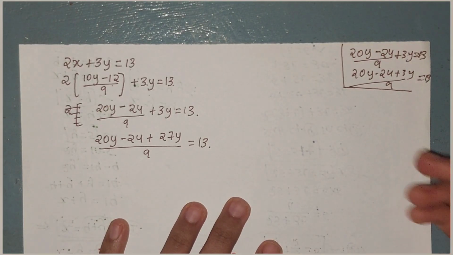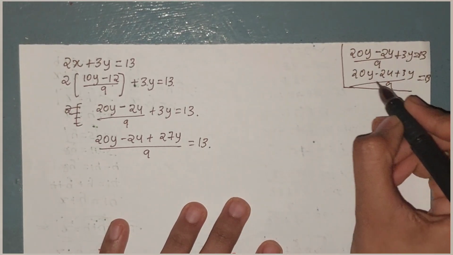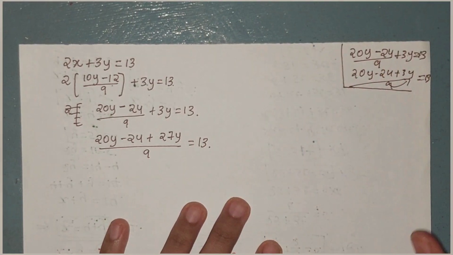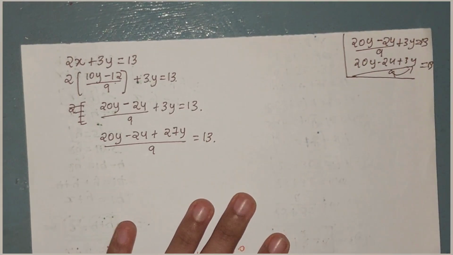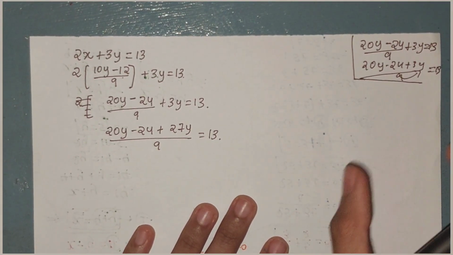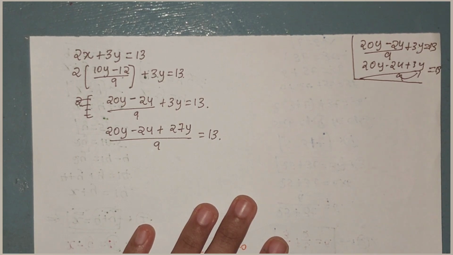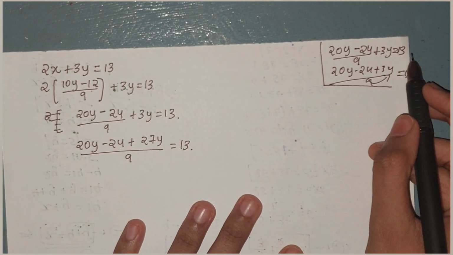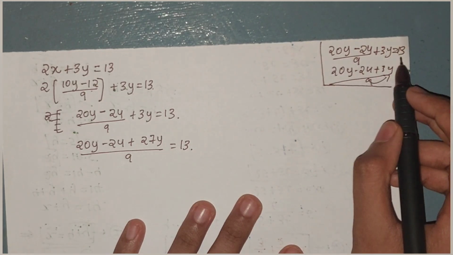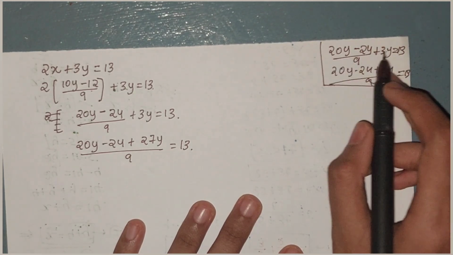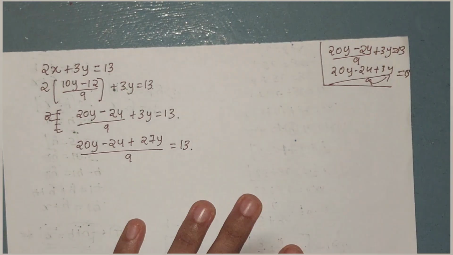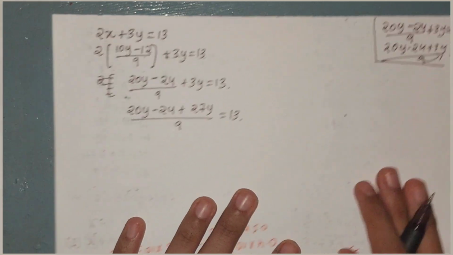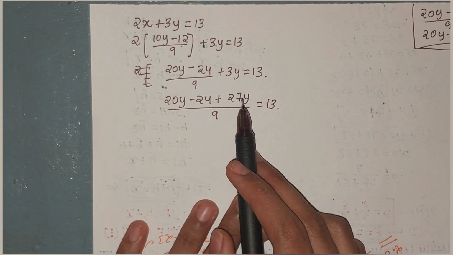In a hurry, you write it like this, and now you send this 9 here and solve it like this, which will give you a wrong answer. Why? You have to take LCM and only then send this here. Not that you put this big dash and put the 9 below these 3 and then bring that 9 there. No, that is completely wrong. What you should do is take LCM.